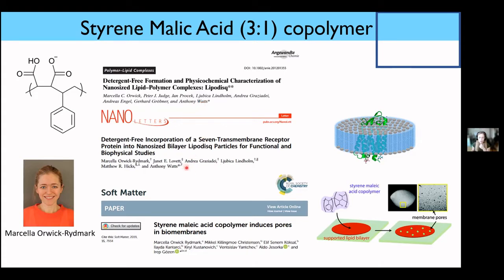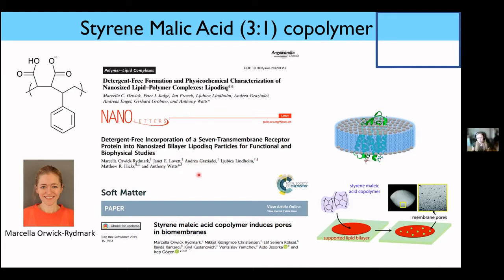Now the second one here is where they used the same copolymer, but incorporated this bacterial rhodopsin protein in the nanodiscs and compared the structural and dynamic properties of the protein in the nanodiscs.